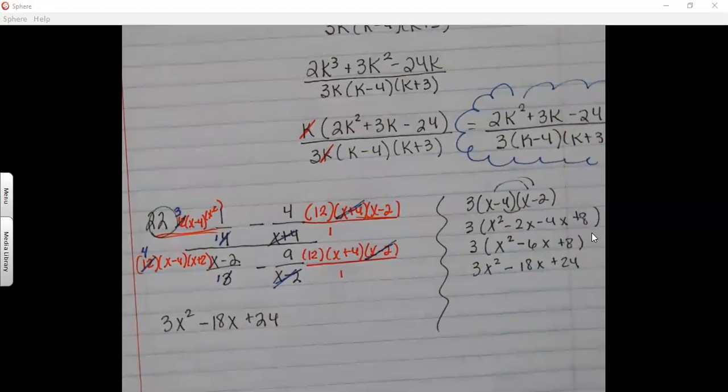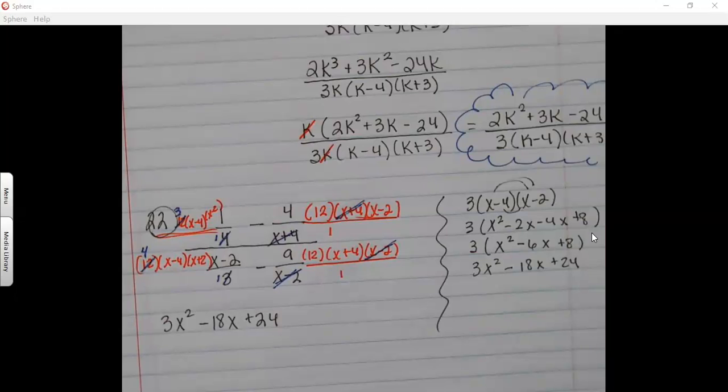Oh, you're right. Darn it. Yeah, it's supposed to be x plus 4. Thank you for pointing that out. So I did x plus 4 on the right side, and I changed it. I did x minus 4 and x plus 2 when it should have been x plus 4 and x minus 2, right?